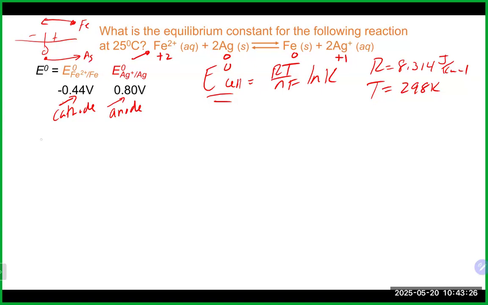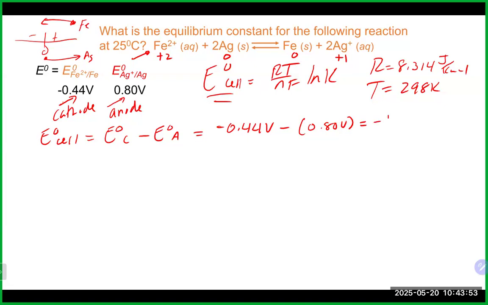With that being said, I'm not going to switch the signs, so I'm going to subtract. If you switch the signs, you should add, obviously. So here we'll go with our cathode, which is minus 0.44 volts, minus our 0.8 volts in this case. That's going to get us a negative 1.24 volts.